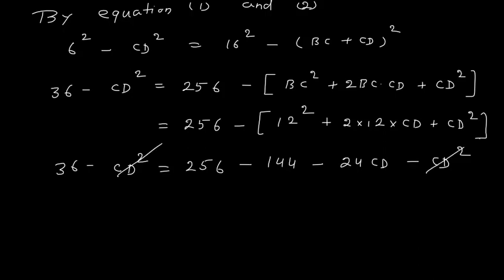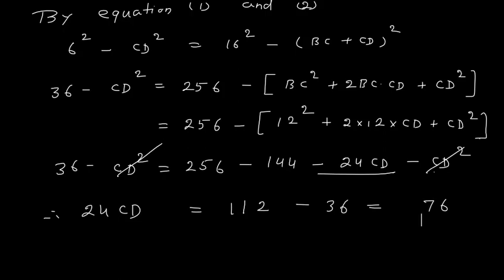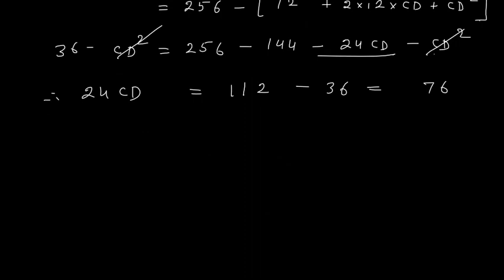So this minus CD square and minus CD square will cancel, and therefore this minus 24 CD I will bring to the left and it will become 24 CD is equal to 112 minus 36, which is 76. So 24 CD is equal to 76.